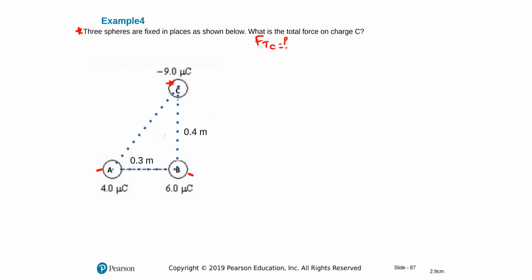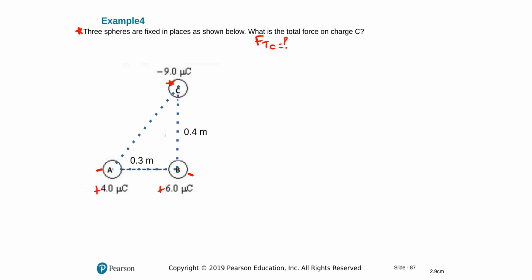And as we see, these two are positive, so this one is positive, and C is negative, so they will be pulling on C. Let's draw those forces.